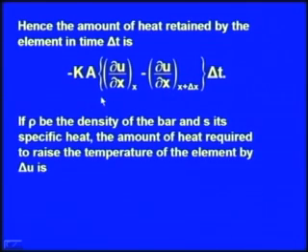Now, the heat retained by the element raises the temperature of the element PQ. So, let us say in time delta t the temperature of the element PQ is raised by an amount delta u. Then if rho is the density of the bar and S is its specific heat, the amount of heat required to raise the temperature of the element PQ by delta u is rho into A into delta x into S delta u.